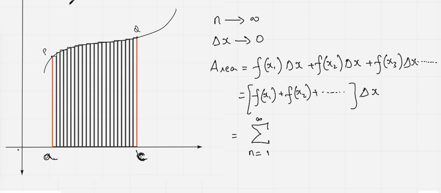F of x and n is written here in the subscript. That means this thing is actually representing this full thing. So that's what exactly it is interpreting. So this is equal into del x. That's it. So this definition is actually representing this situation.